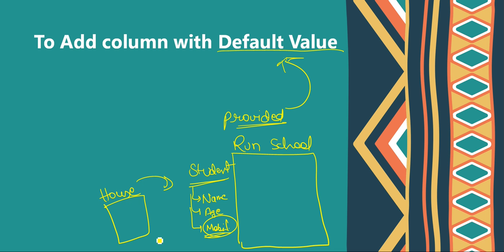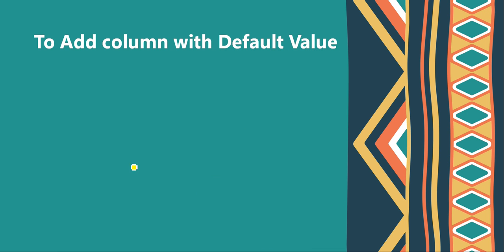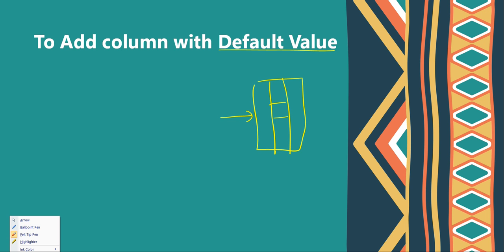So in that case, what can I do? I can use a default value. I will store a default mobile number for every student who does not have their own mobile number. Right? So default value is what is going to be present in our table when we do not provide any information.